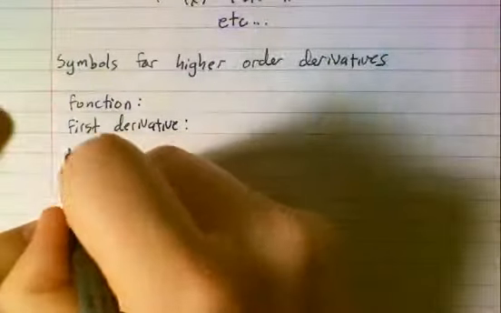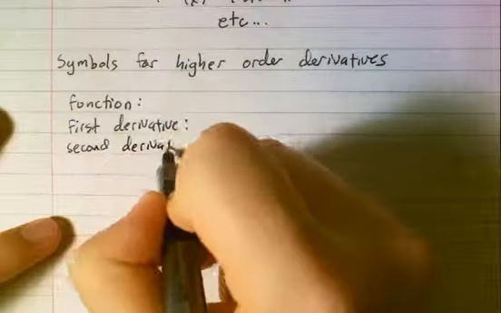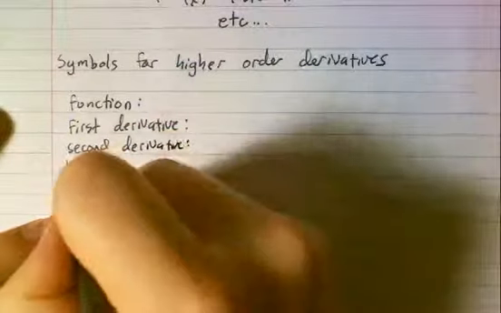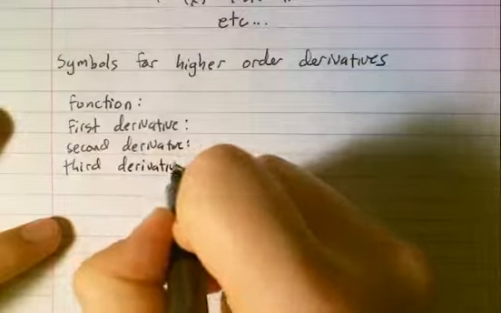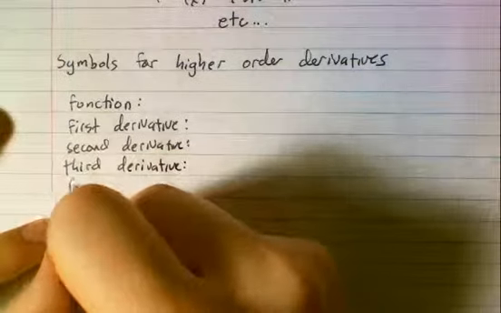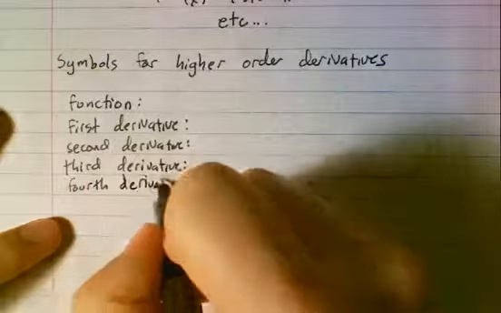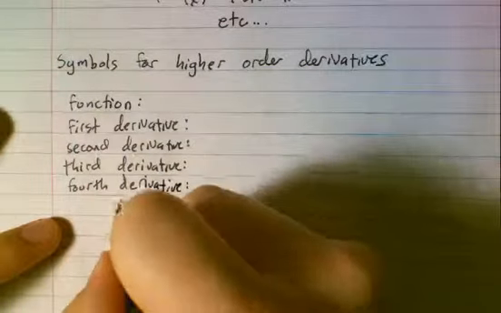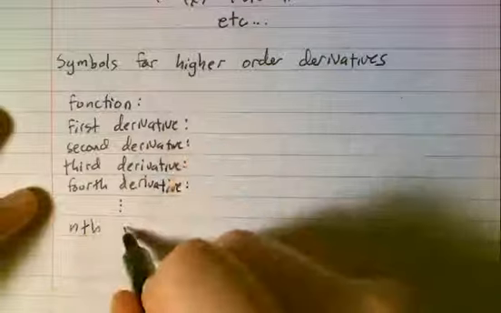I'm just going to make a little chart. We've got the first derivative, second derivative, third derivative, fourth derivative, and if we keep going, we'll eventually come to the nth derivative, just some number n.